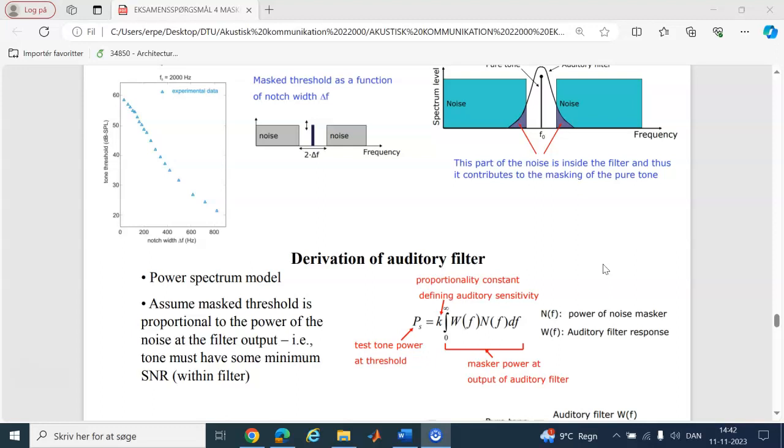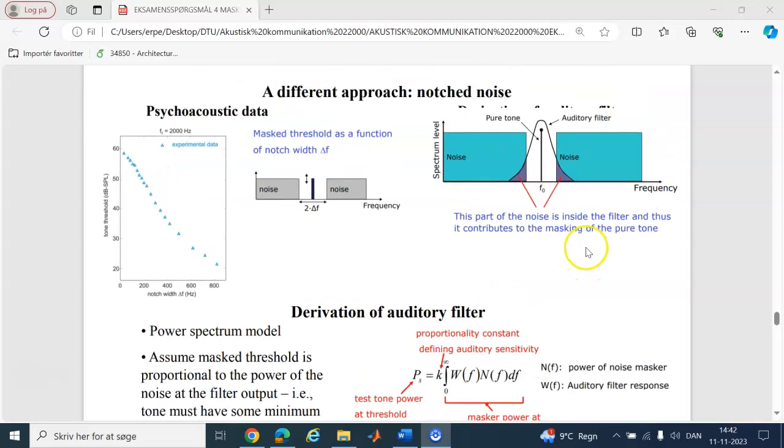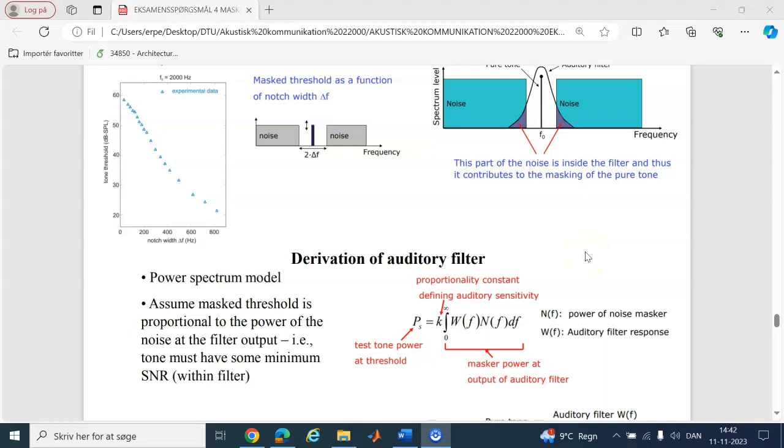So the test tone power is proportional to the masker power at the output of the auditory filter. Under the integral sign there is W(f), the auditory filter response, and N(f) is the power of the noise masker.